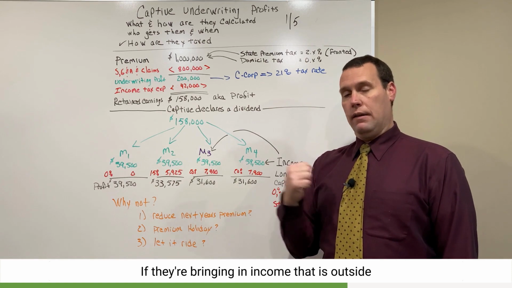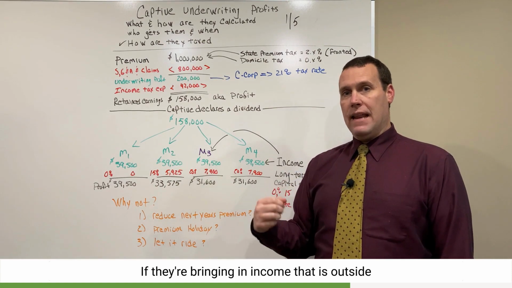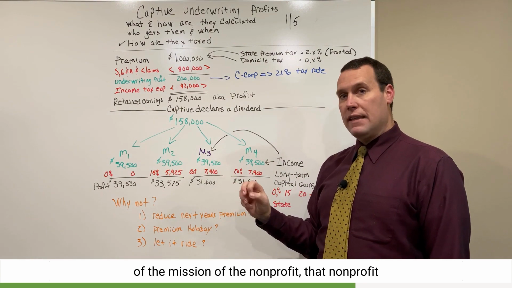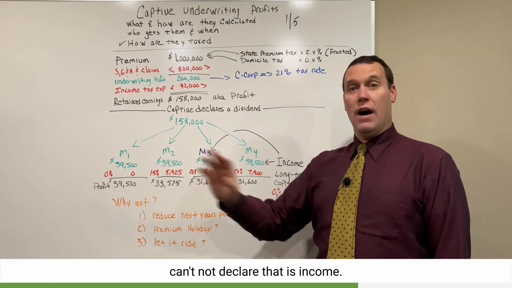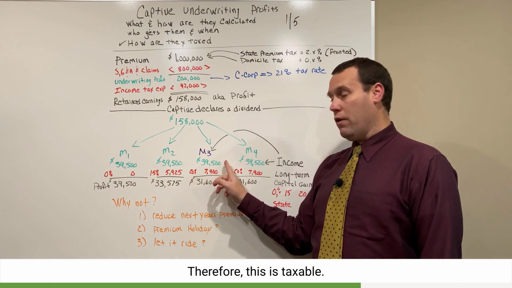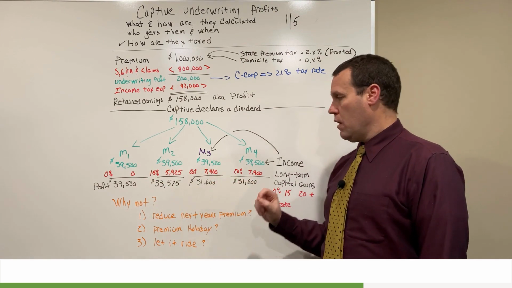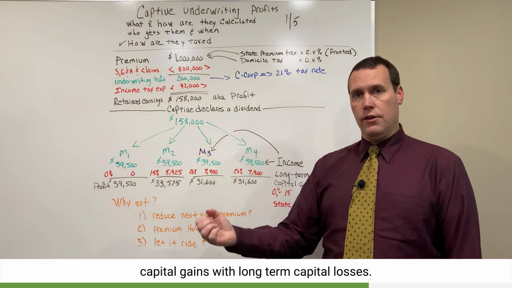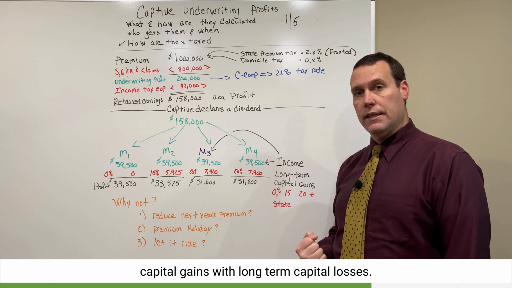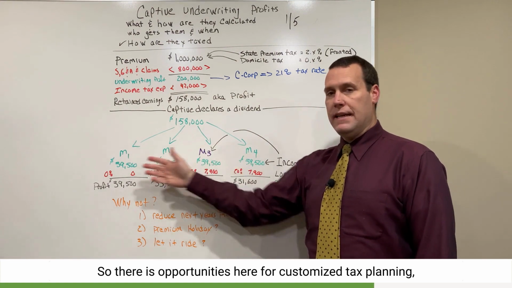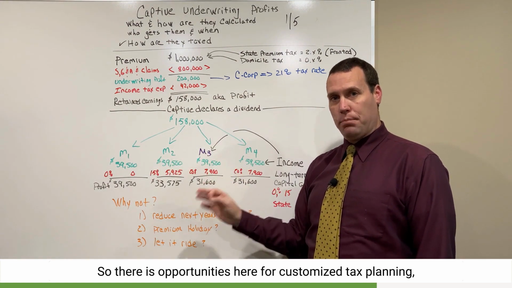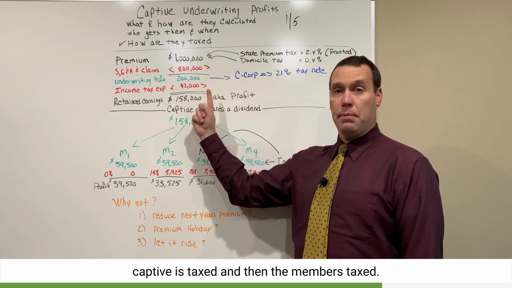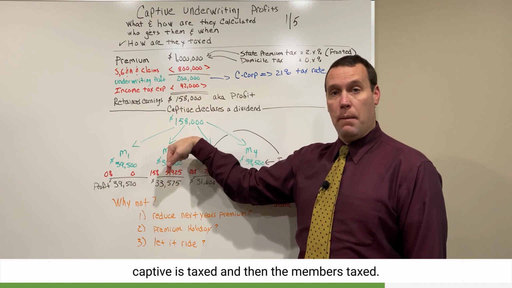If they're bringing in income that is outside of the mission of the nonprofit, that nonprofit can't not declare that as income. Therefore, this is taxable. Now, sometimes you can offset long-term capital gains with long-term capital losses. So there are opportunities here for customized tax planning. But for a high level, the takeaway is the captive's taxed and then the member's taxed.